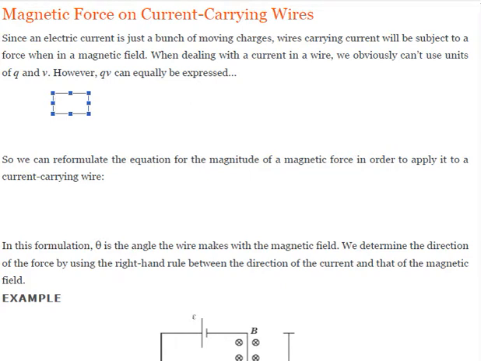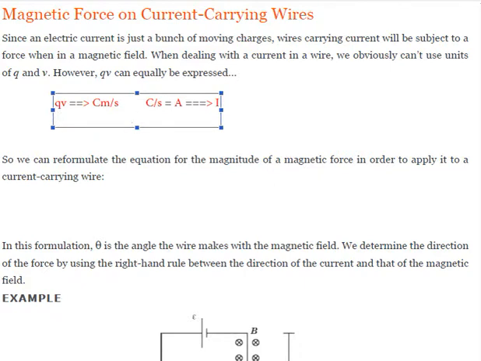So instead of talking about Q and V, if we looked at Q times V, what would the units for that look like? Well, Q would be coulombs, V would be meters per second. So if we try to split that up a little bit, we know that a coulomb per second is equal to an ampere, which we know we use amperes to measure current.